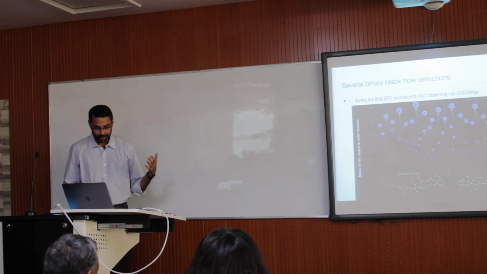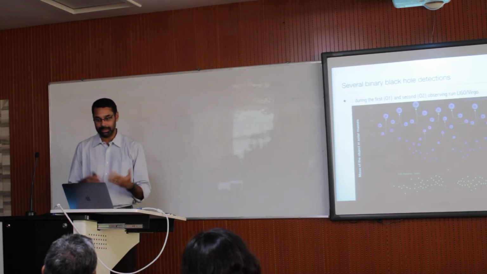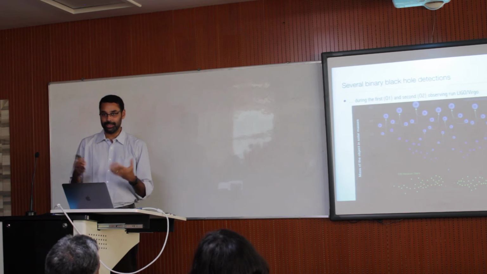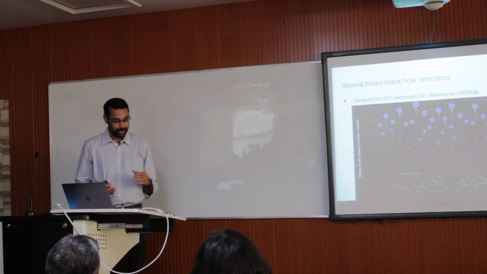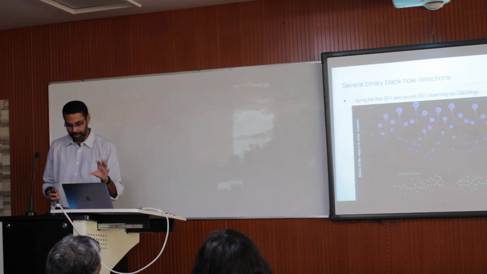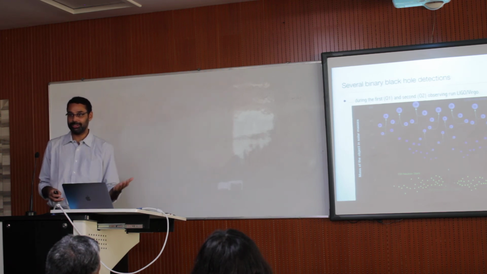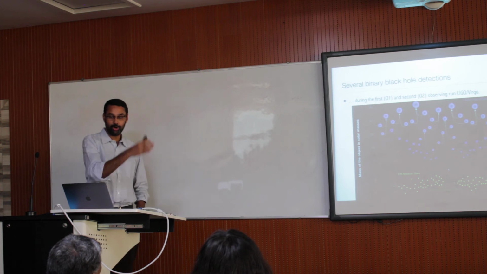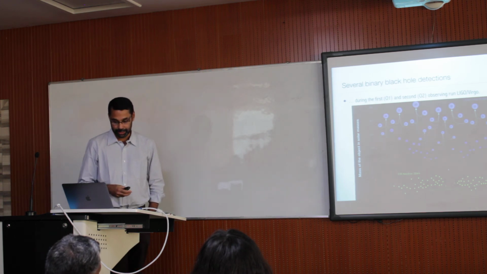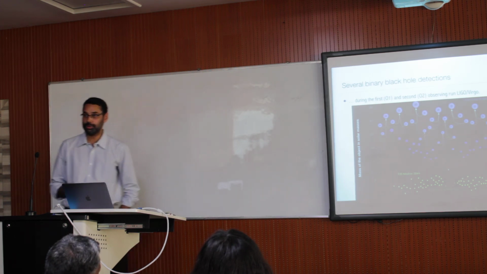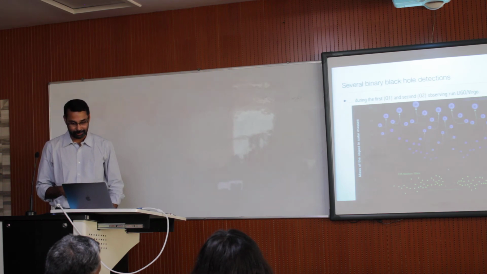So until recently, most astronomers believed that black holes would be of the order of 10 solar masses. But now, with these LIGO observations, we are uncovering a new population of black holes, which are of the order of 30 times the mass of the sun, and even more massive. The new observations are slowly uncovering this.